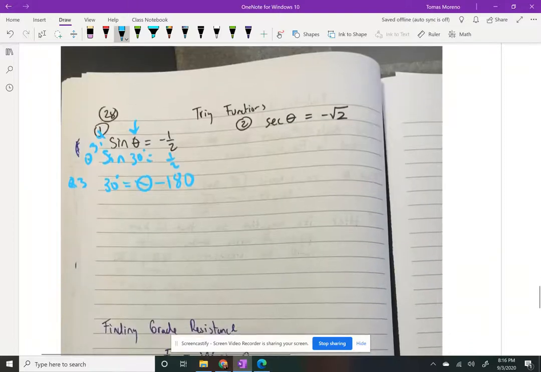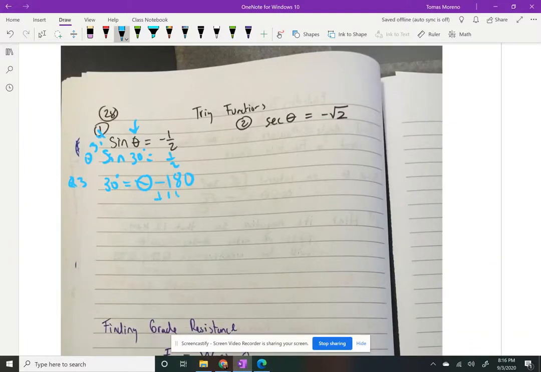So we add 180, and we get our angle to be 8, 9, 10, 11, 210. So we get 210 degrees. But we're not done because we need the second one. Remember, there's two, quadrant 3, quadrant 4. So quadrant 4 works very similar.